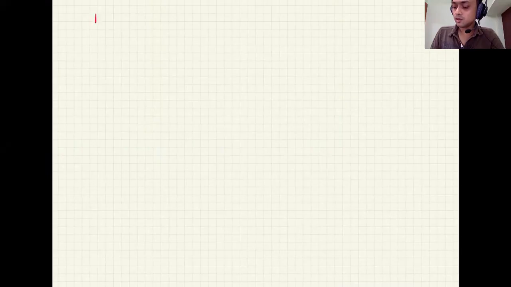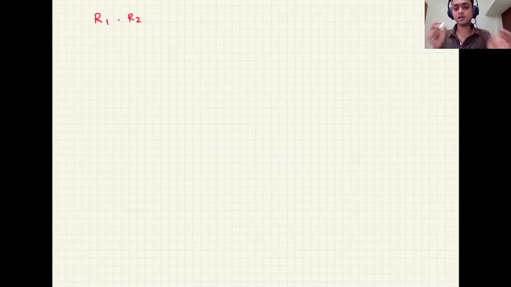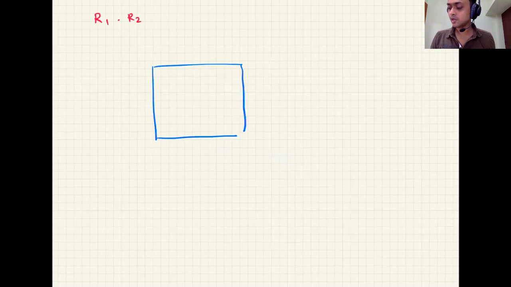R1 dot R2. As in things like A, B, A, B, A, A. How do you get that? A dot B dot A, right? So I can also do this dot. Suppose I have N1, which is for R1, and N2, which is for R2.